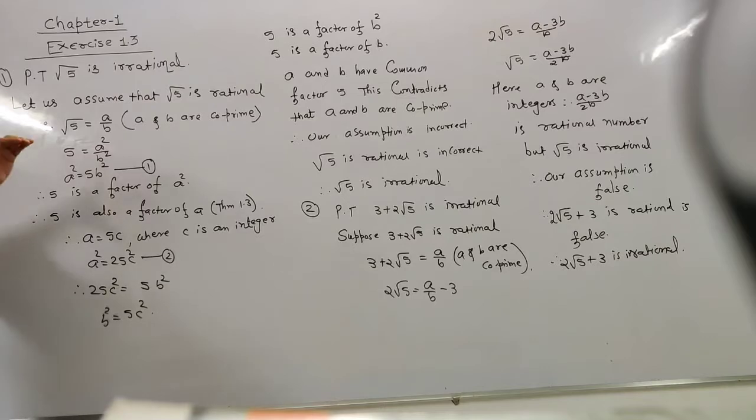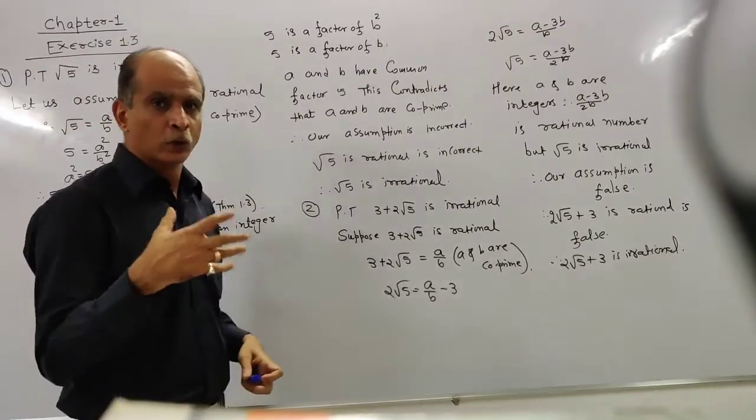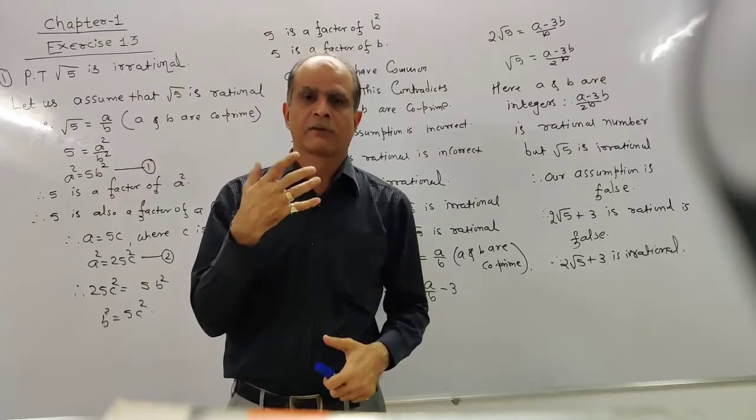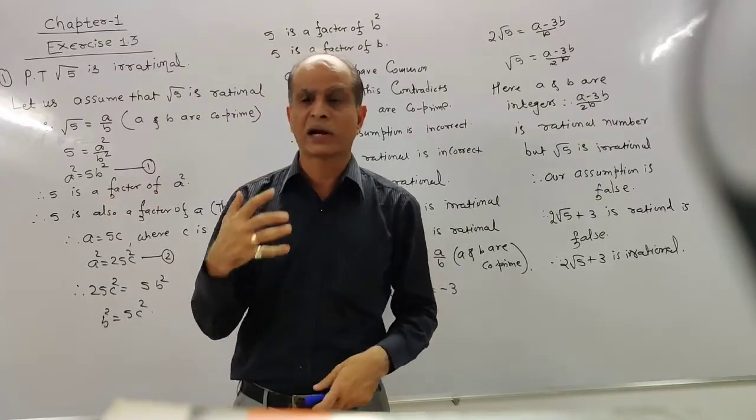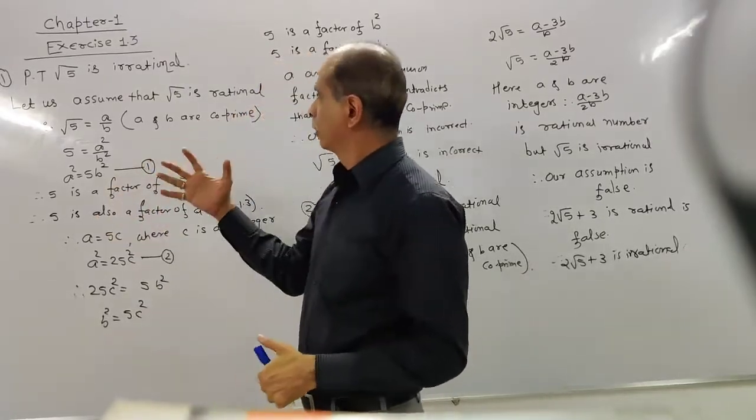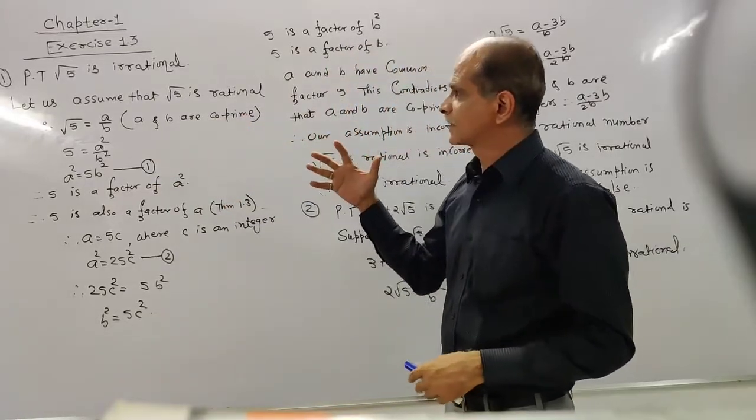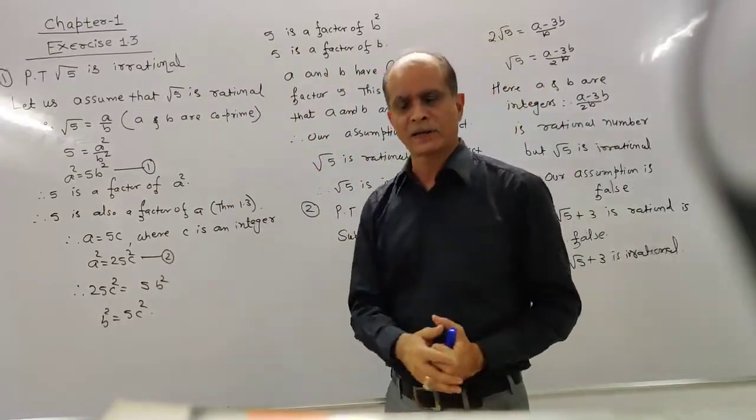Here, to prove root 5 is irrational, root 3 is irrational, root 7 is irrational, even root 11 is irrational, we have to use one special method to prove this. The name of this method is the indirect method.